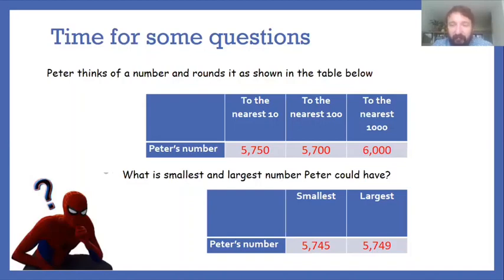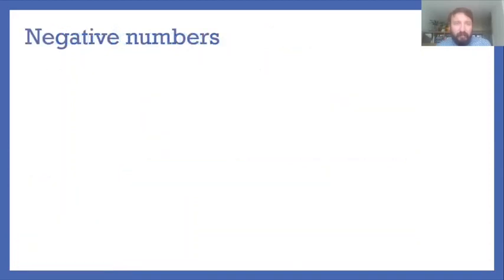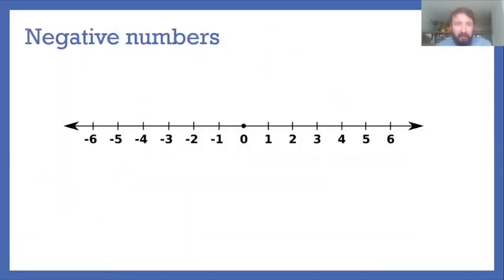Therefore, I'm going to have to round up, and that would give me 6,000. Okay, and then it's a very similar process going through to the largest number as well. Hopefully you've managed to get that right, and let's move on to negative number questions.